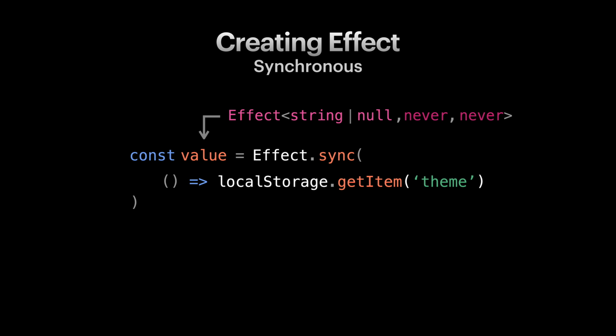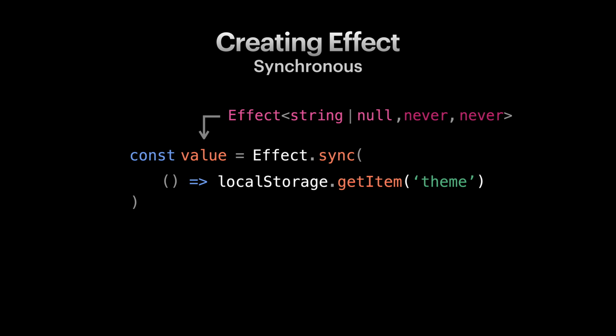Otherwise, it returns null. So the type would be effect of a string or null. Notice that in our example here, we are considering null as a good value and only considering thrown errors as bad values. Since we know getItem never throws an error, the failure type parameter is never.